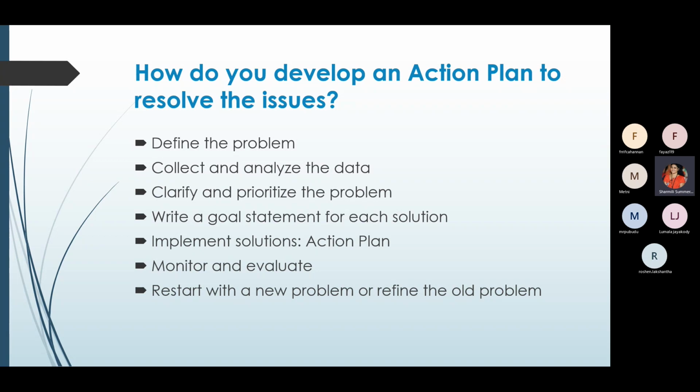That means if more than one problem exists, you can go for the second problem. Or, if you find that your planning is not effective, you can update and refine it, making changes again with the old problem. So this is how you resolve an issue or problem with the help of an action plan.